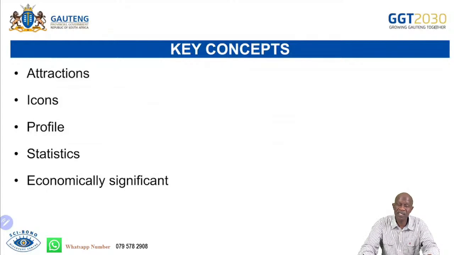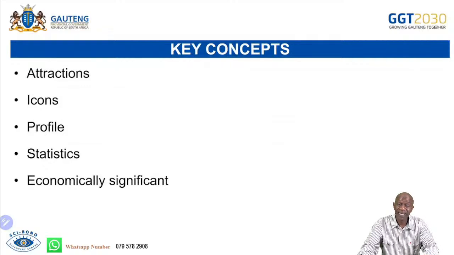Here are your concepts that you should master by the end of this lesson. You should be able to know what an attraction is. You should be able to define and give an account for what an icon is. You must be able to profile your tourist icons. You need to give the numbers or the statistics in terms of arrival or in terms of number of visitors to a specific world icon.